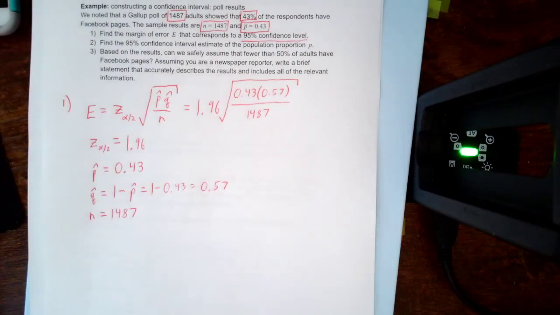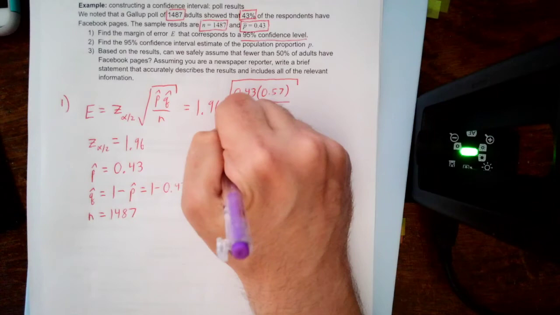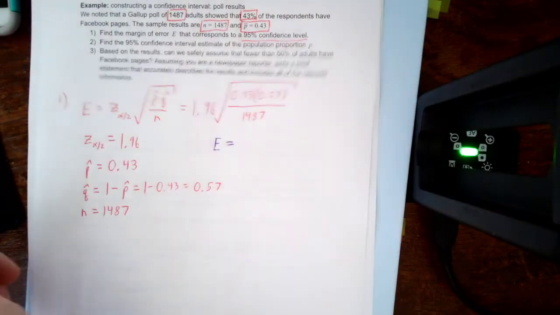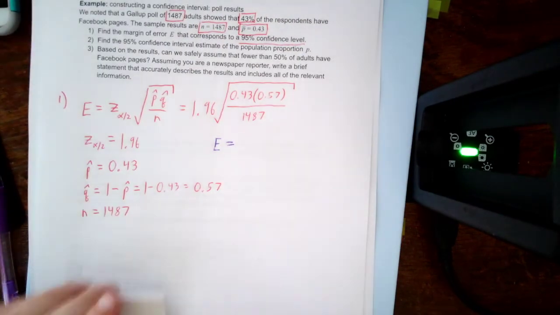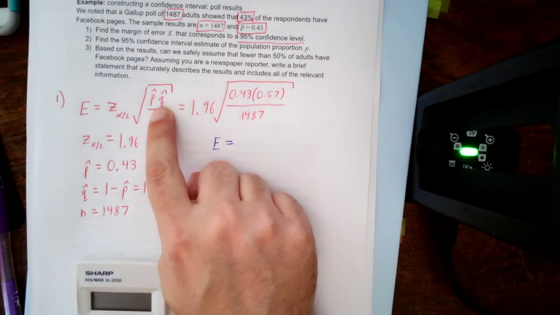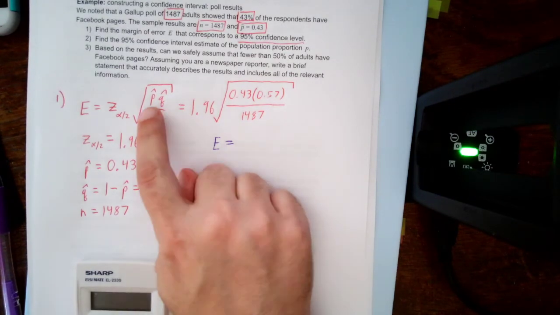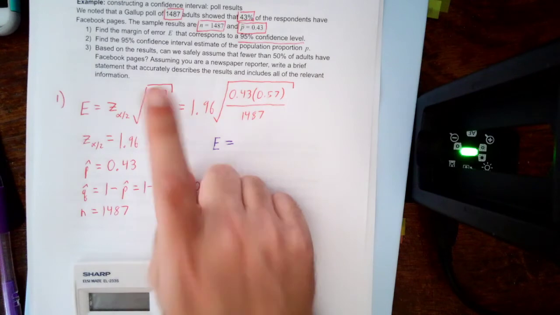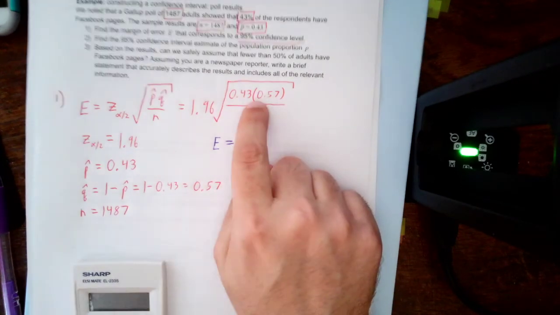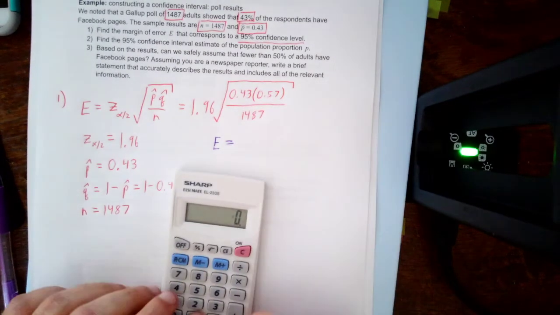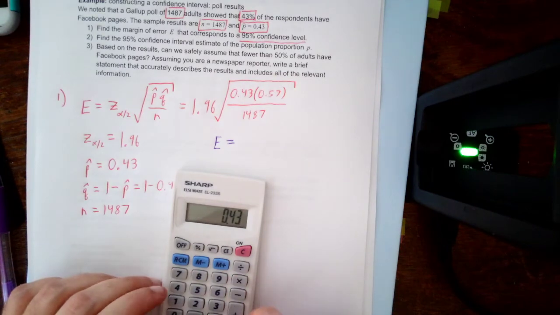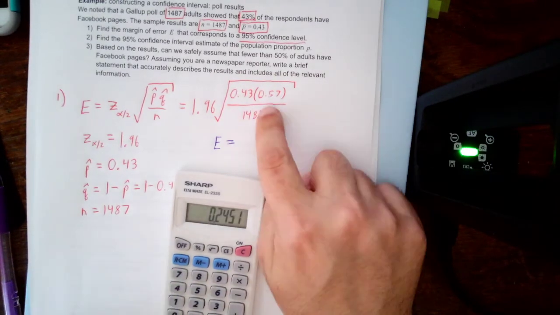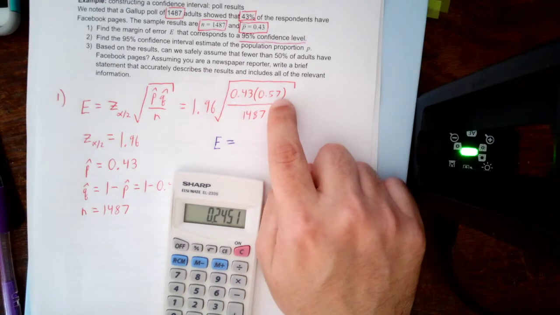Now, calculating this value, calculating E, be careful of the order of operations. In the numerator, inside the square root, is p hat times q hat. You have to multiply these two numbers first. 0.43 times 0.57. I multiply those two numbers first.